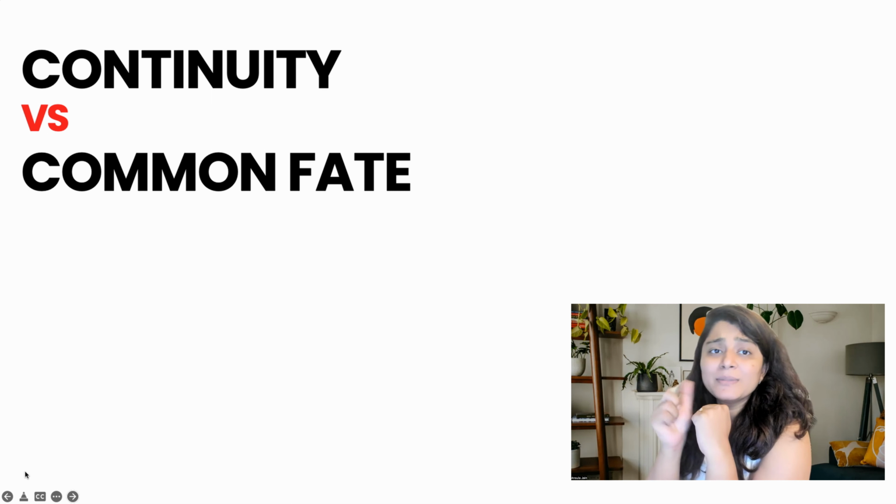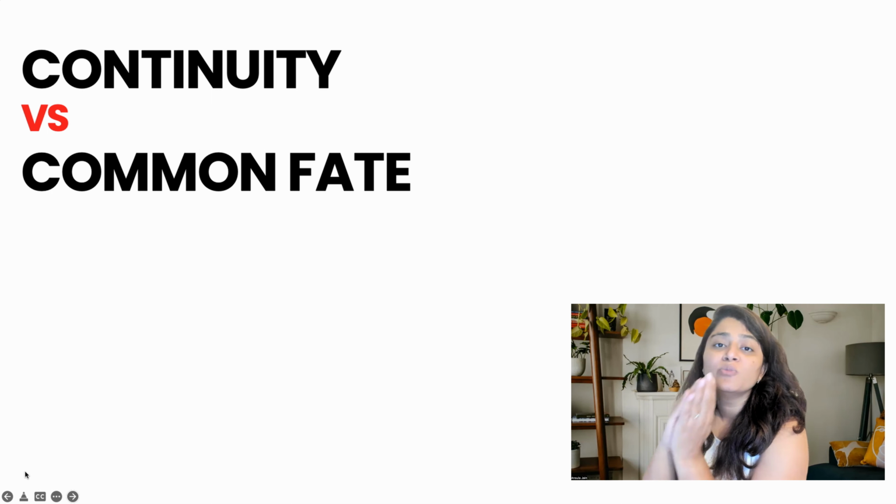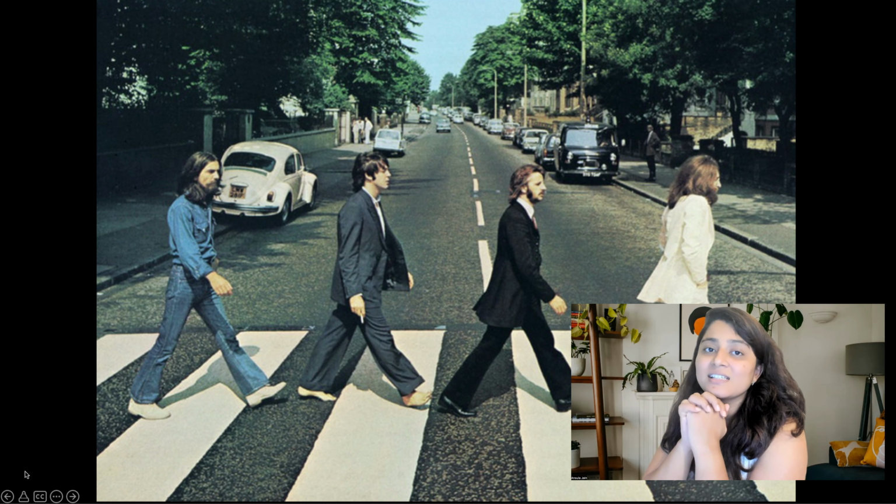Now, it could be a little bit confusing between the principle of continuity and the common fate. The only point you guys should remember: common fate makes you feel that people or things that are moving in one direction are part of a group. However, continuity gives you a feeling of movement or things that are continuously moving together or moving ahead or progressing. Right? One of the greatest examples of this is this from the Beatles band.